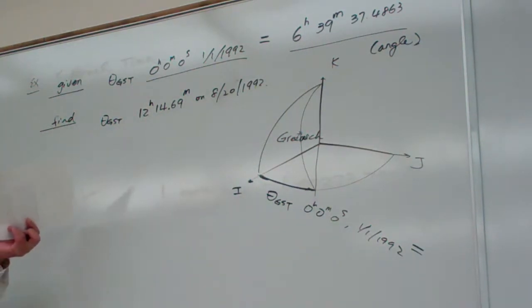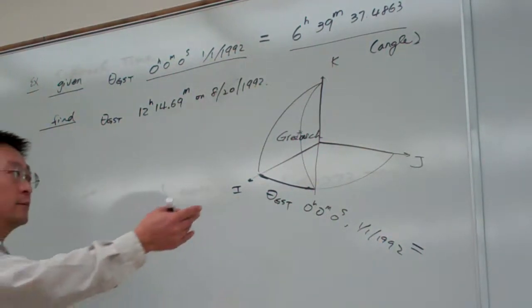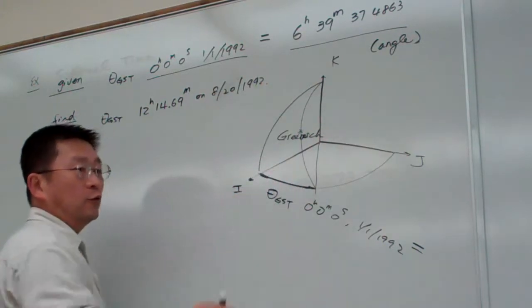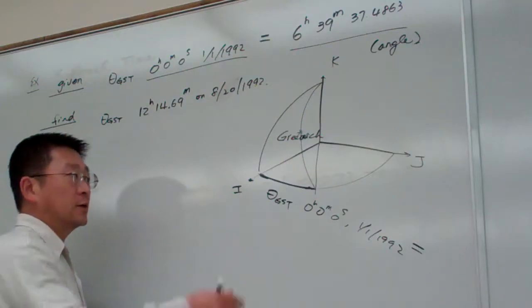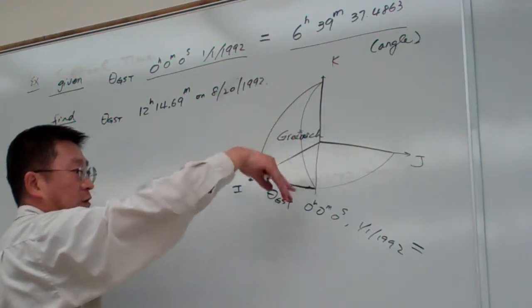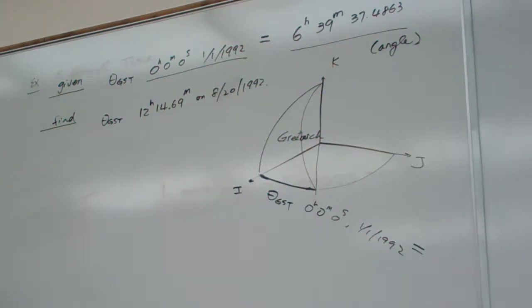So about 8 months later at this specific time, we want to know where the longitude line, or sometimes called the meridian, is. That basically indicates the line. We want to know what that angle is on that specific day.